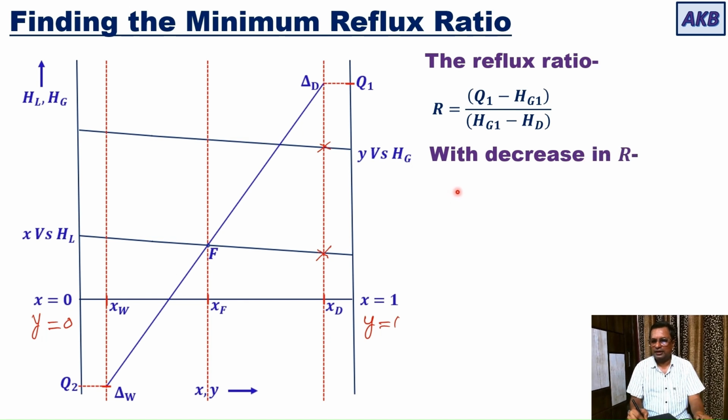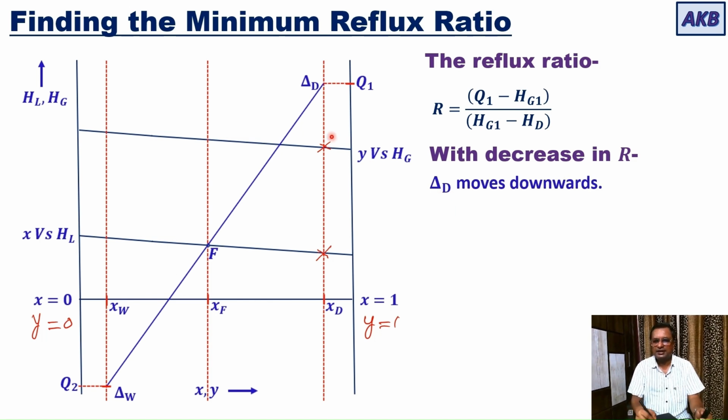Now, when the column is operating under total reflux, the reflux ratio is infinite. If the reflux ratio is decreased, what happens on the enthalpy concentration diagram? Let us understand.